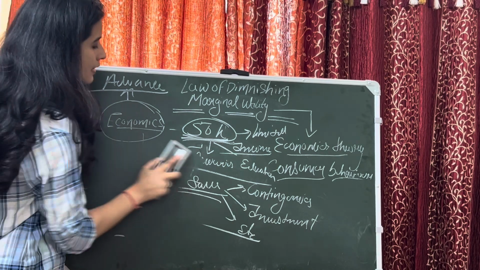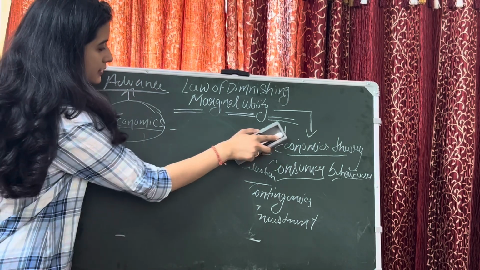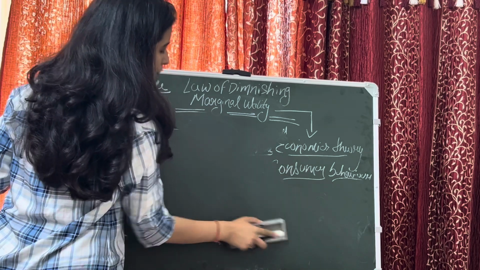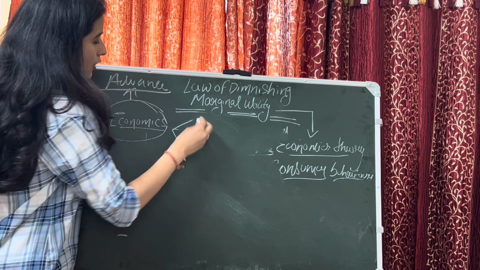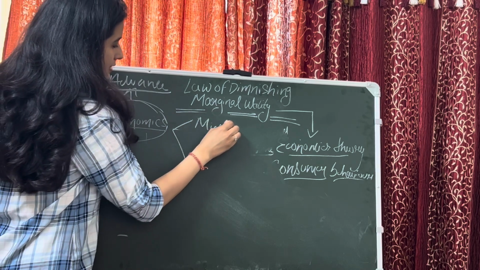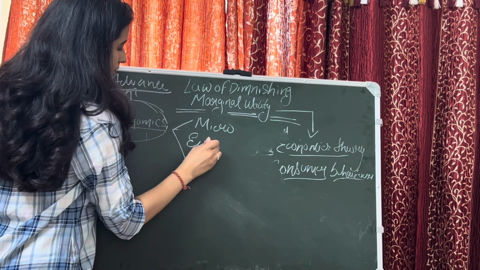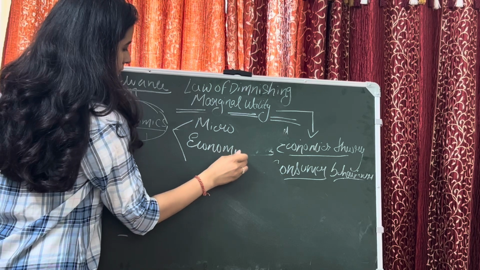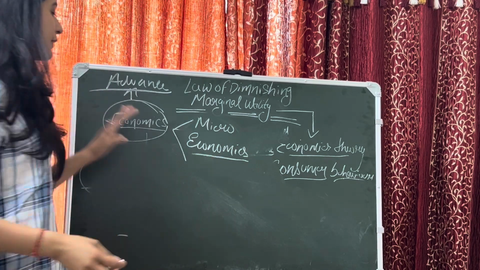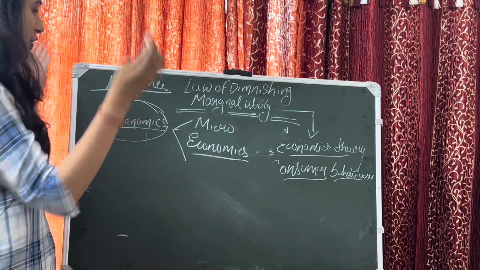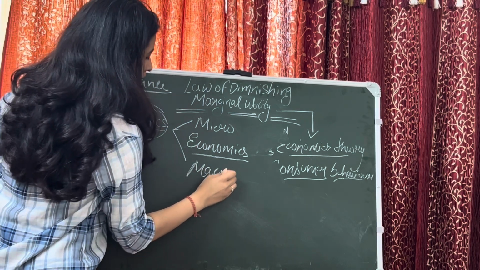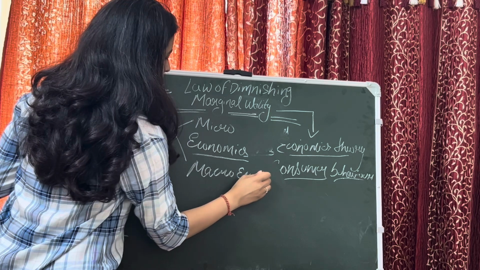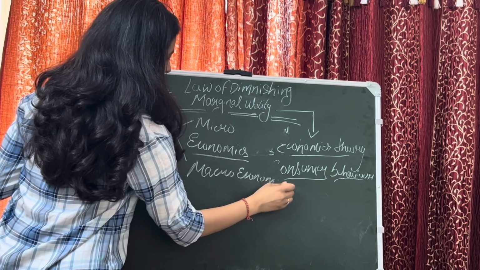So that's how we can cover all of these things at the individual level. Every time we talk about economics at the individual level, we call it microeconomics. And if we are talking about economics at a major level or at a country level, we call it macroeconomics.